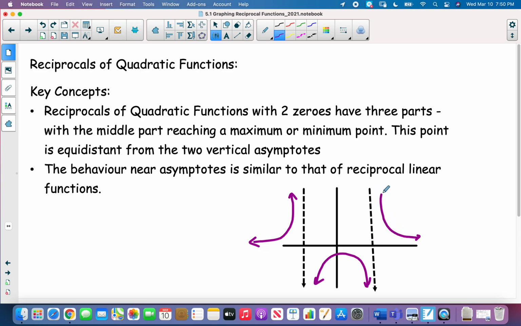So that's what they meant by having three parts. And then you would find that the middle part could have a maximum or a minimum, like you notice over here, and it's equidistant from the two vertical asymptotes.